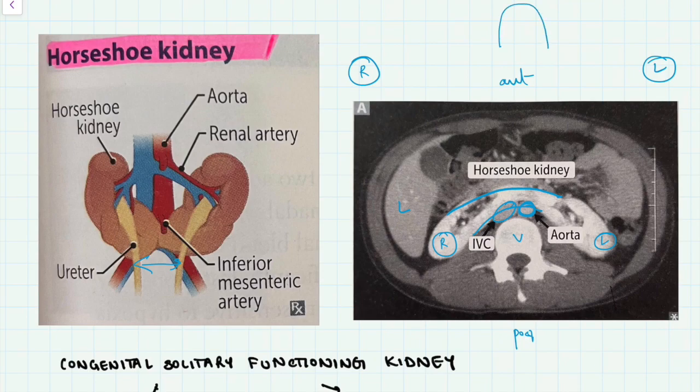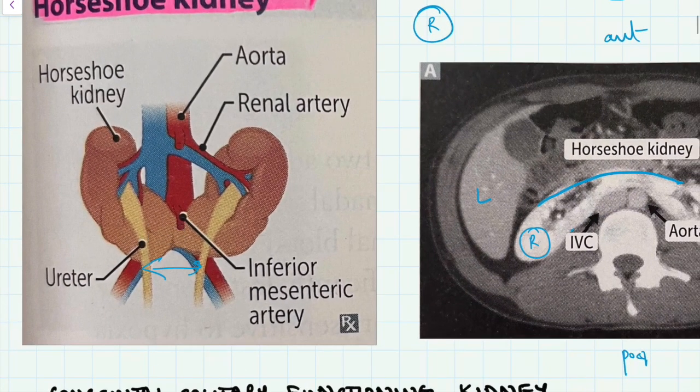Why is it called horseshoe? Because it resembles the shape of the horseshoe, like the ones nailed into the hooves of horses. Therefore it is called the horseshoe kidney. Due to this abnormal fusion, the kidneys are unable to ascend, right?